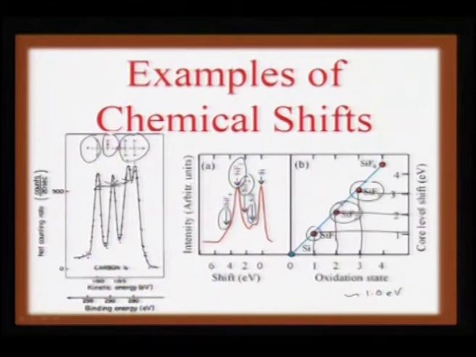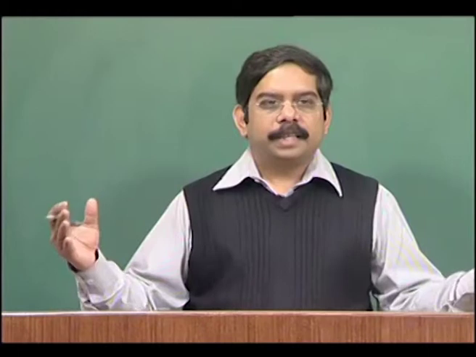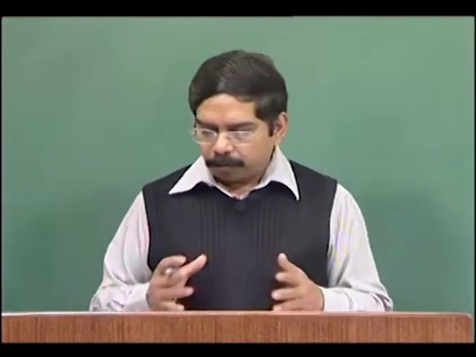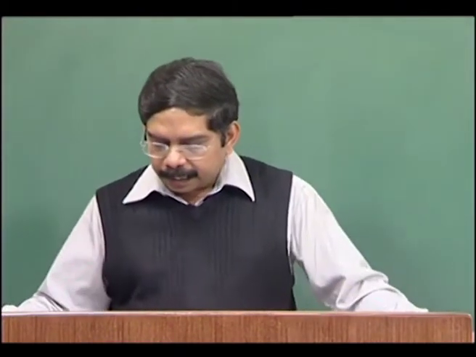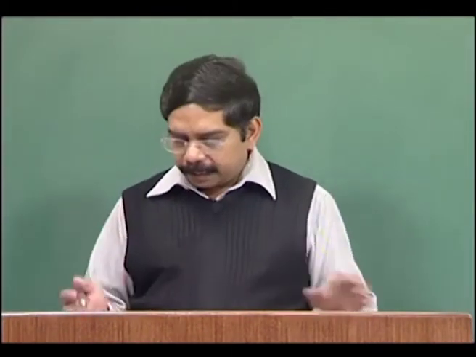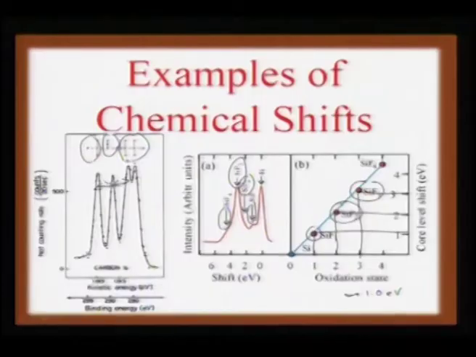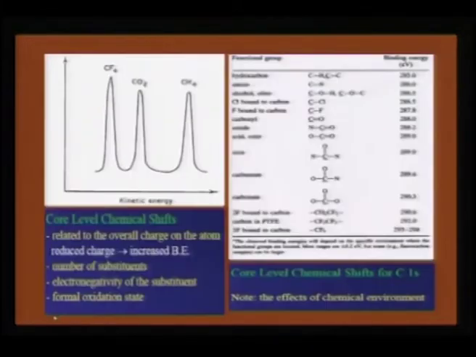If carbon or any other element, for example oxygen, is 2 minus, and you are looking for oxygen 1 minus, then you would only see a difference of around 1 electron volt or less. It cannot be 2; then something else is happening. Therefore, this calibration gives you an idea that it has to be somewhere around 1 electron volt for a change in oxidation state by plus 1 or minus 1.